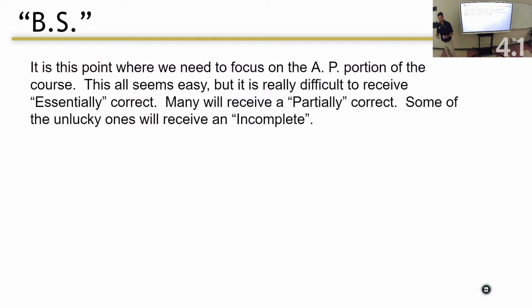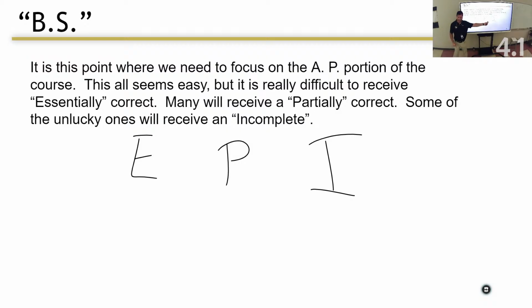So AP will grade, they don't give you points. We give you an E, P, or I. One of three things. We give you an E if you hit the rubric. P, you got close to the rubric. And I, you missed it.